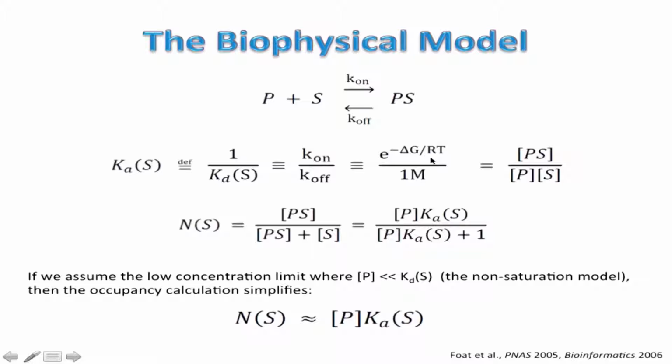In this simple reaction, the binding association constant is the concentration of the protein-DNA complex over the product of the concentration of the free protein and the concentration of the unbound DNA sequence. Okay? So this is fine and dandy.